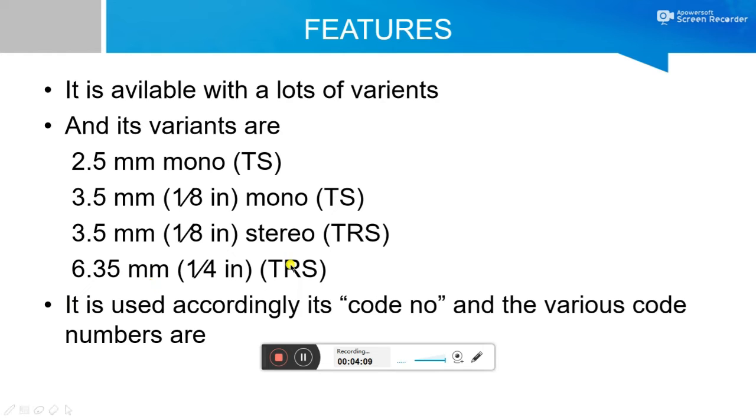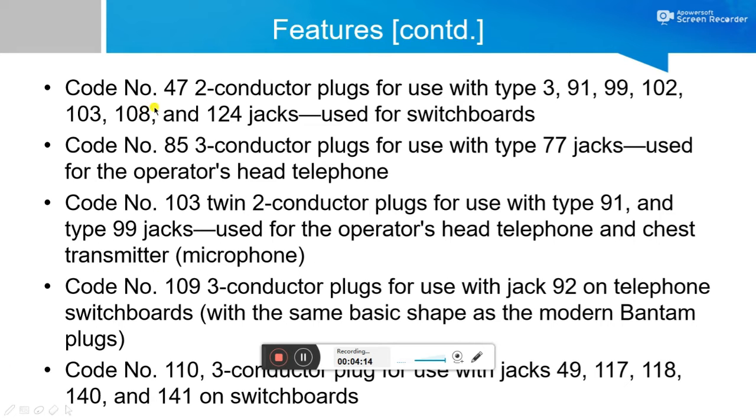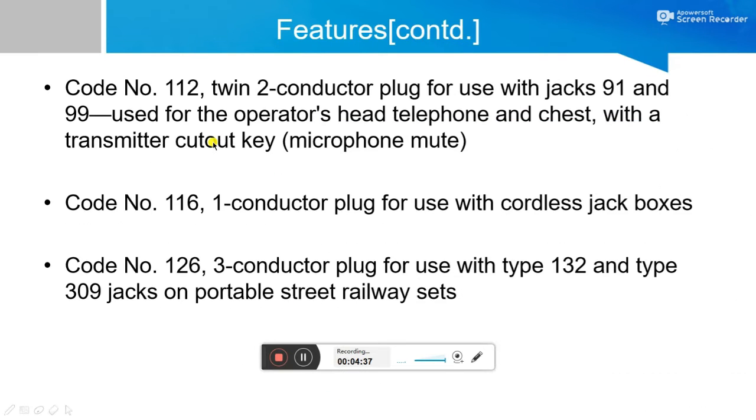It is used accordingly. Its various code numbers are: code number 47, which is used for switchboards; code number 85, which is used in head telephones; code number 103, which is used in operator's head telephone and the chest transmitter; code number 109, which is used on telephone switchboards with the same basic shape as the modern plug; code number 110, which is used in switchboards; and code number 112, which is used in head telephones and chest transmitter with the cutout key.